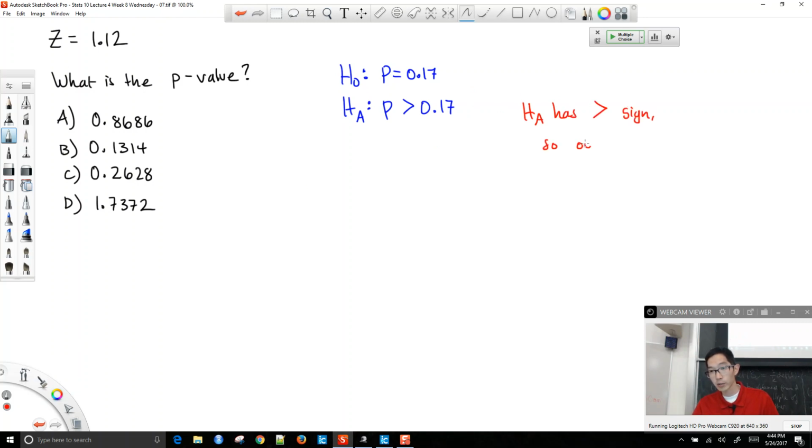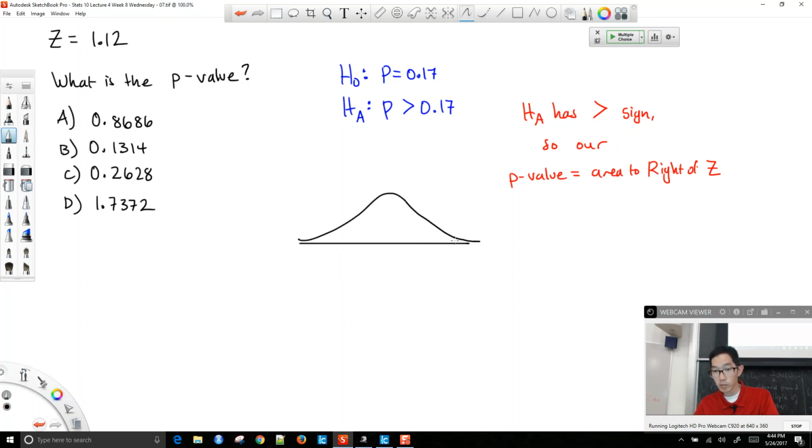So our p-value is equal to the area to the right of z. When we look up z = 1.12 in the table, we find 0.8686, but we want the area to the right, so that's 1 minus that, and we get 0.1314. That is our answer choice.